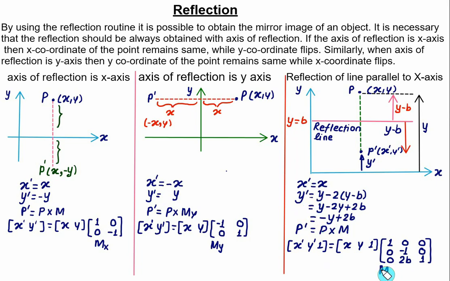In that case the mirror matrix is 1 0 0 because the x coordinate is not changed. Then 0 minus 1 0, since the y coordinate becomes minus y, and then we have an additional translation, tx equal to 0, ty equal to 2b.